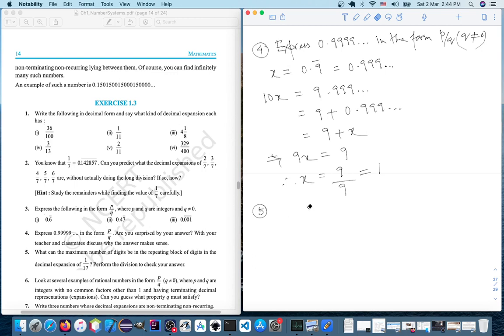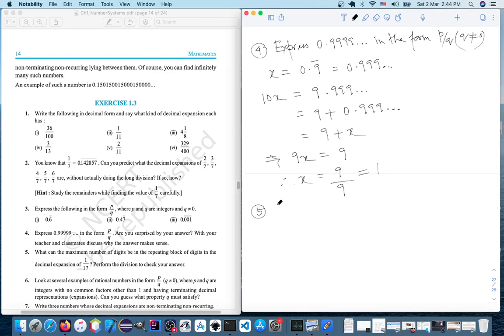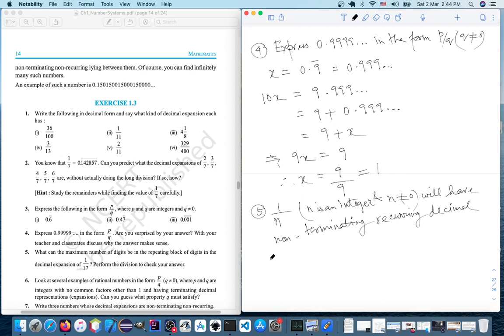We have already discussed that a rational number of the form 1 by n, where n is an integer and n not equal to 0, will have a non-terminating recurring decimal expansion.